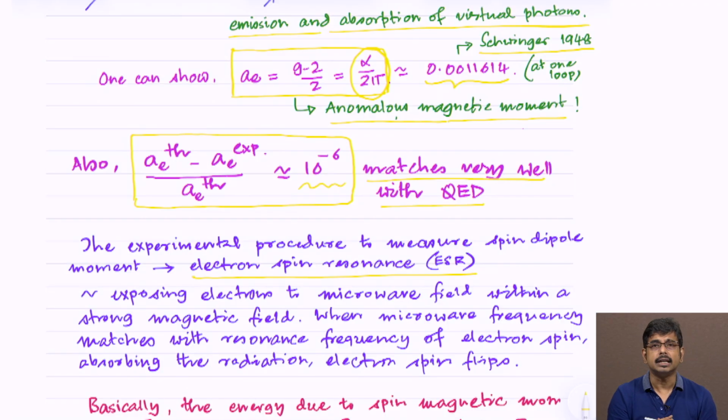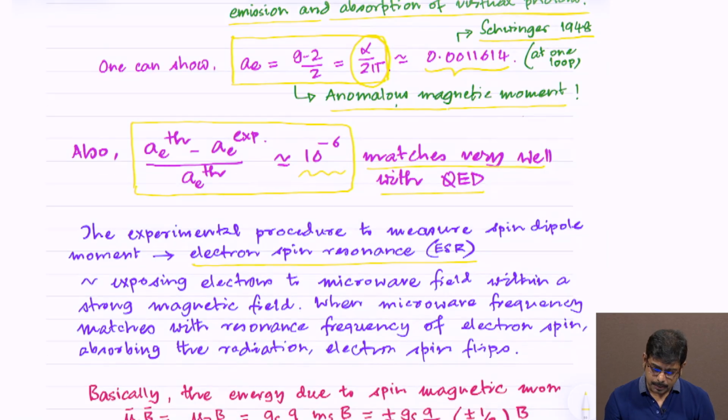So, all these loop level calculations are an after effect of quantum electrodynamics, and we have been able to measure these very tiny deviations in the anomalous magnetic moment to a great order of precision and match them with the experiments.